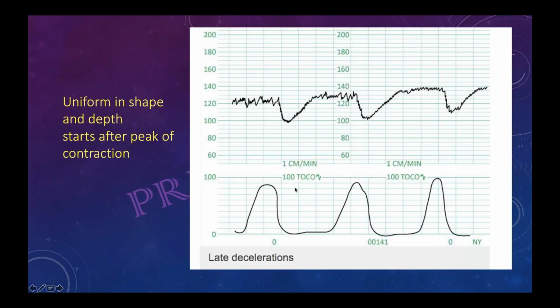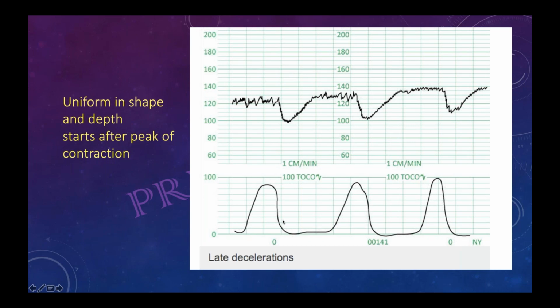Now you see these are the late decelerations. There is a pattern; these are uniform in shape and in depth. This is the contraction, this is the peak of contraction. The deceleration will start after this.